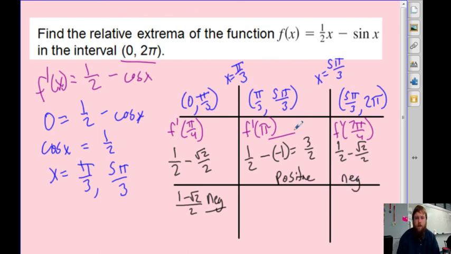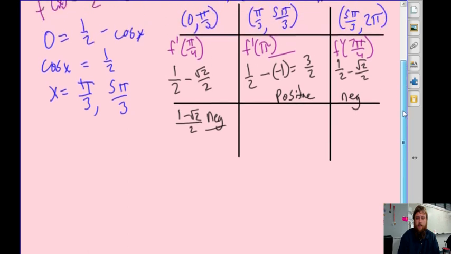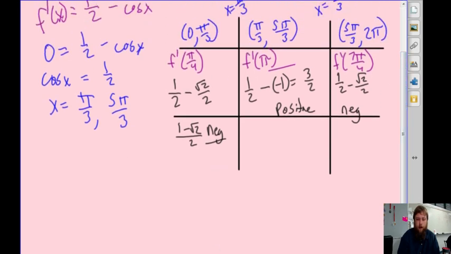So the relative extremum of the function, since we're going from negative to positive to negative right here at those extremum, at x equals pi over 3, since I'm going from negative to positive, so it's going down to up, I'm going to call this a relative minimum.